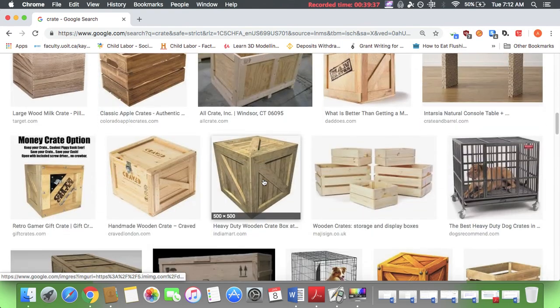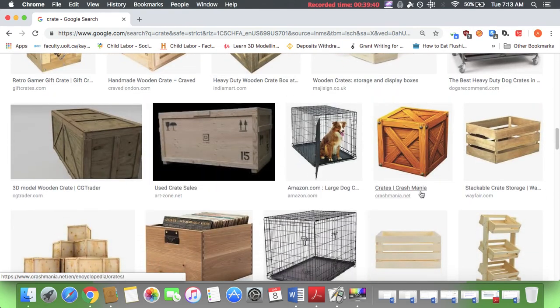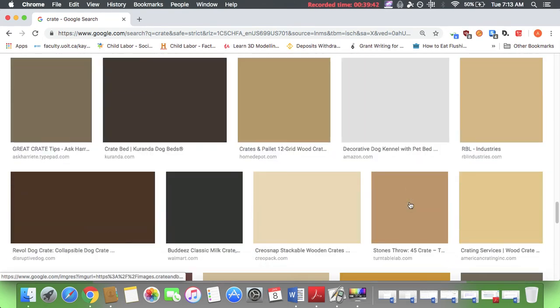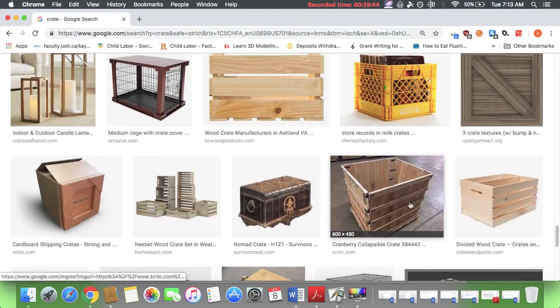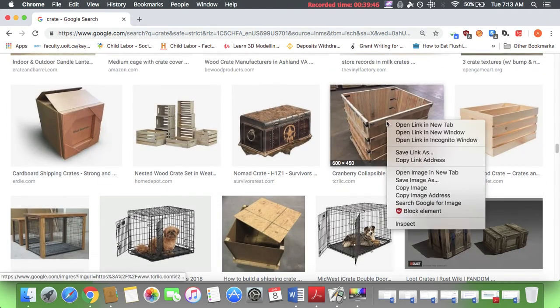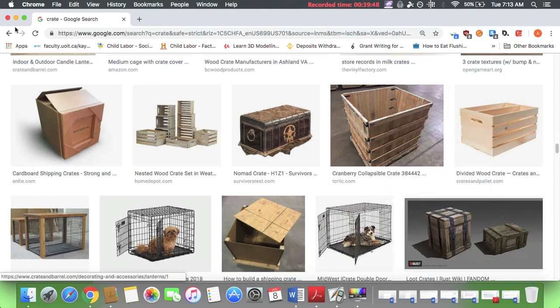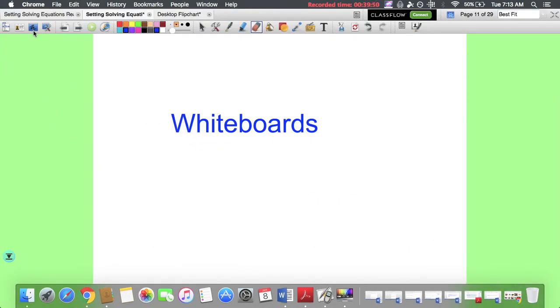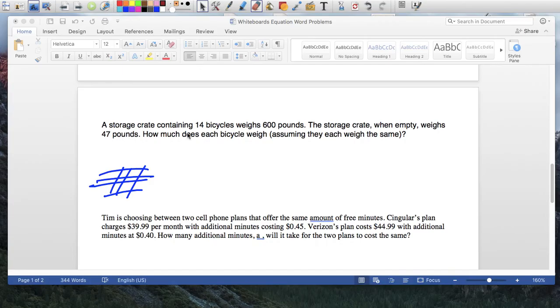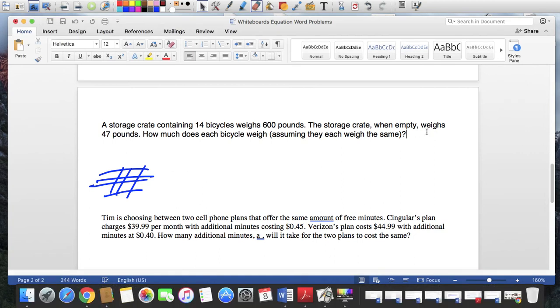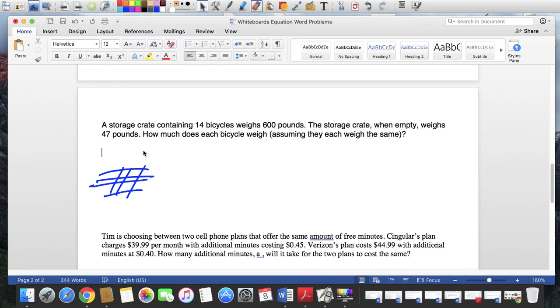That's a crate. Okay, so let's take one of these. So that's a crate, okay? I don't think I was thinking of that. So you have a crate, a big crate, right?